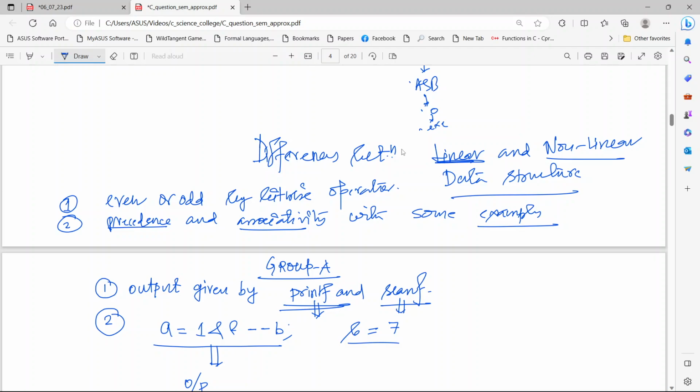Each question carries 5 marks. And in group C, you have to answer 3 questions, and each question will carry 10 marks, right? I'm giving you the suggestions. You can go through them. I think that will be helpful, and whatever I mentioned as important, I think you will face in the question paper.